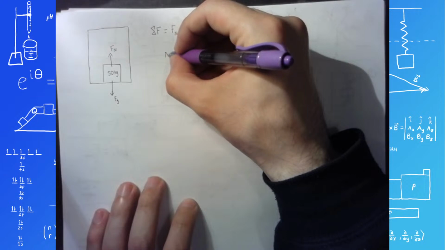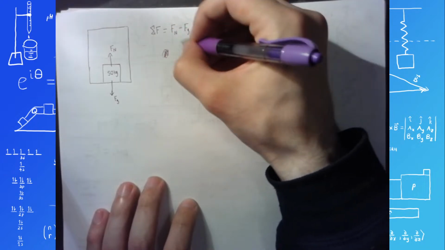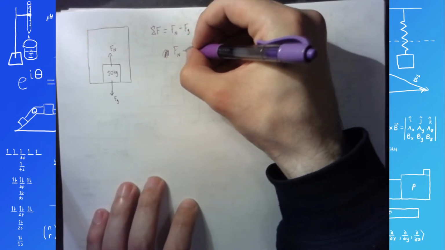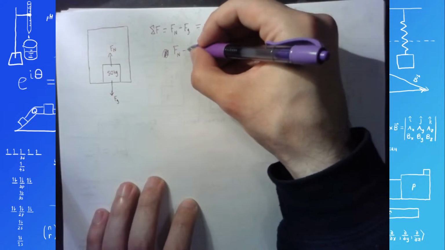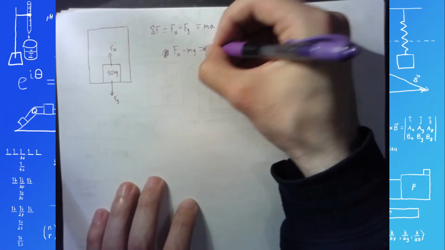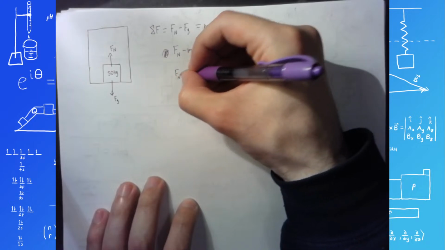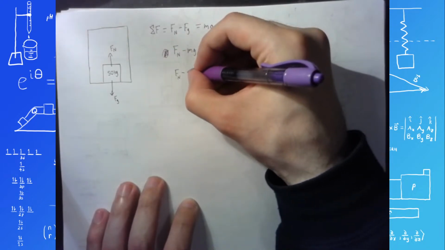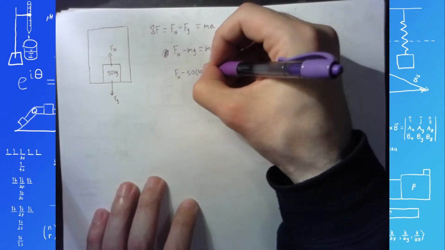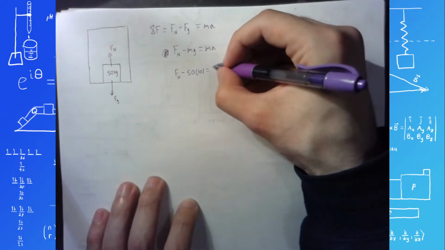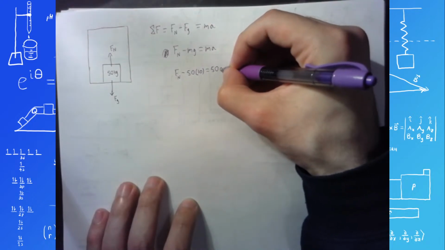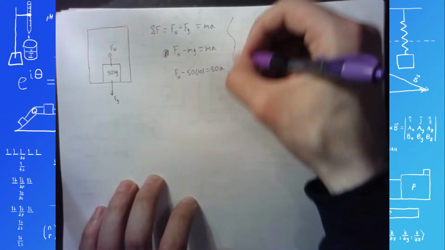So normal force minus mg is equal to ma. Normal force minus the mass is 50, and for g I'm using 10, is equal to the mass again is 50, and for the acceleration that will change from one part to another.